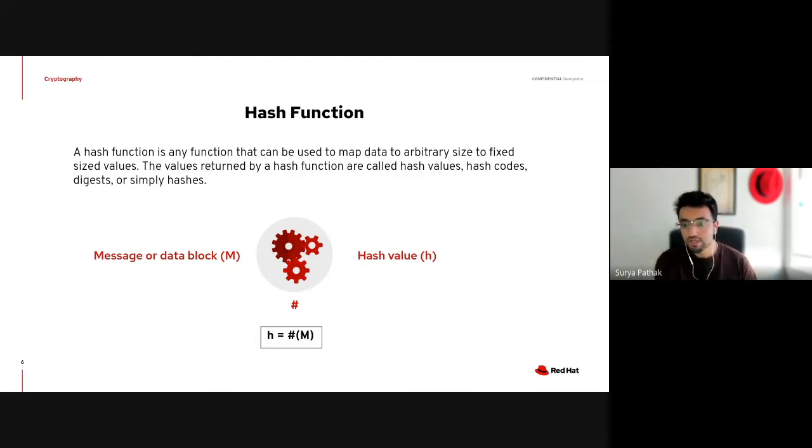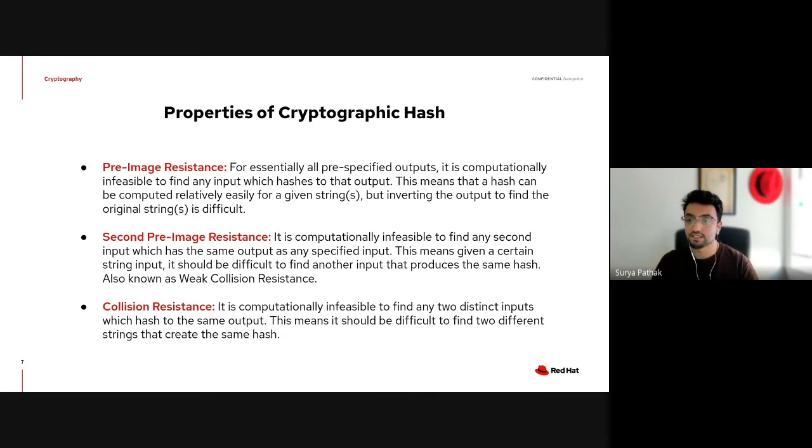Now, some of the important things we need to understand are the properties of a cryptographic hash. The first is pre-image resistance. Say you have a word which you transformed into the hash.